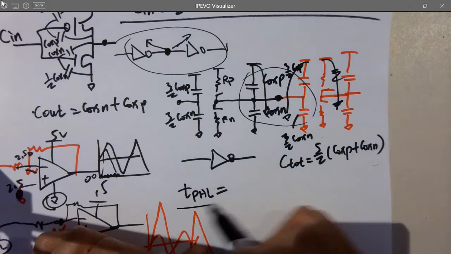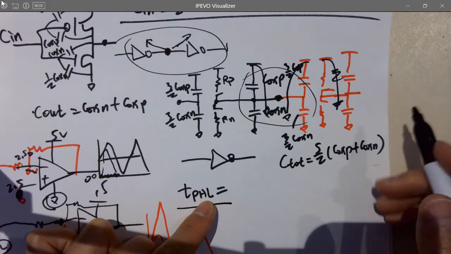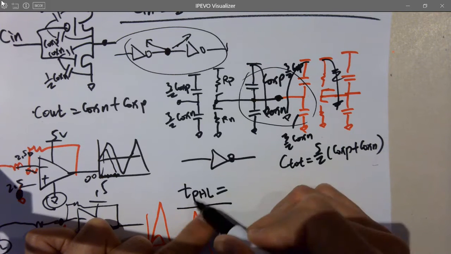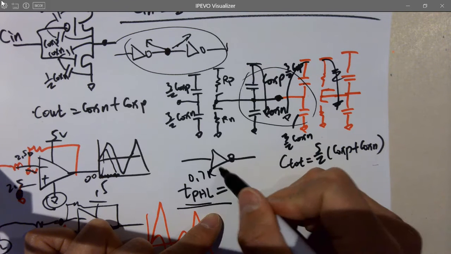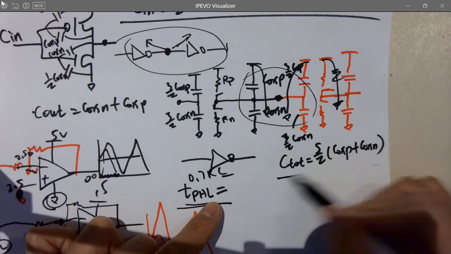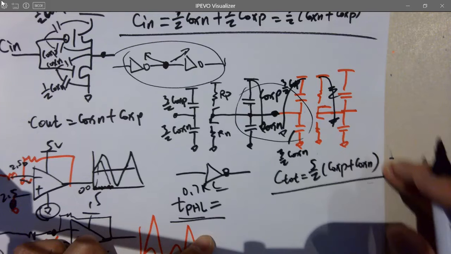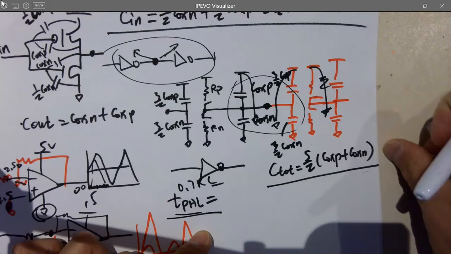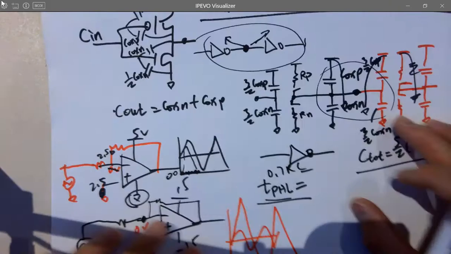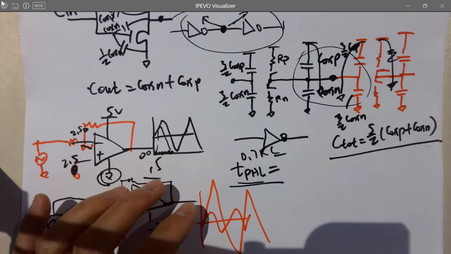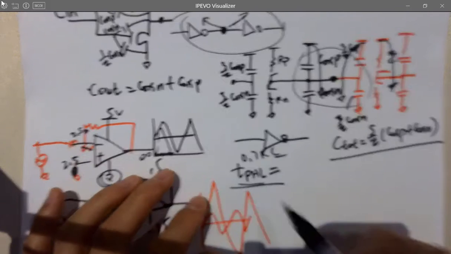And for TPHL, what is it? Since the TPHL is like 0.7 RC, and we know C already, which is the C total over here. So what is R? Sorry, already very dirty, so never mind. What is TPHL?